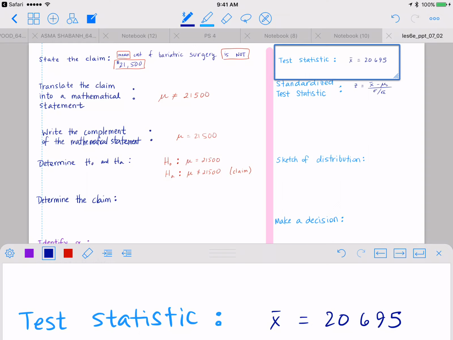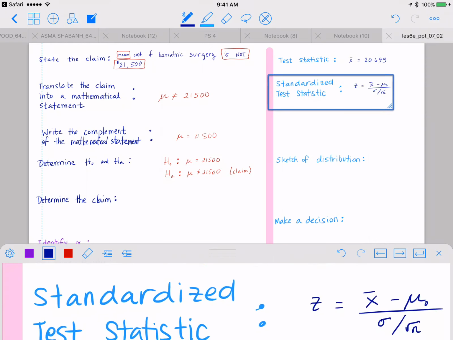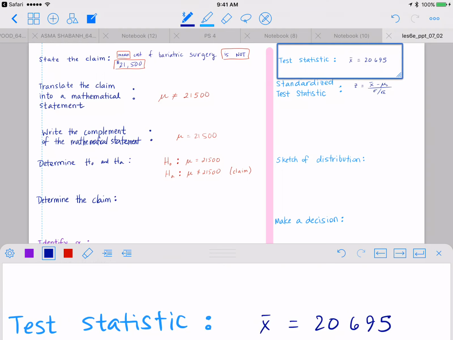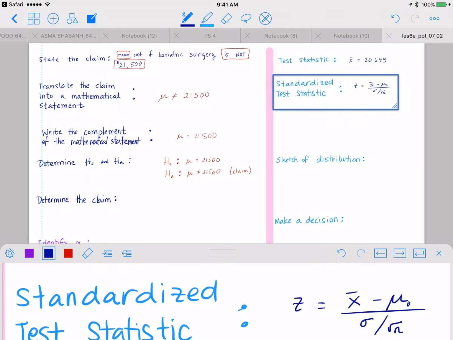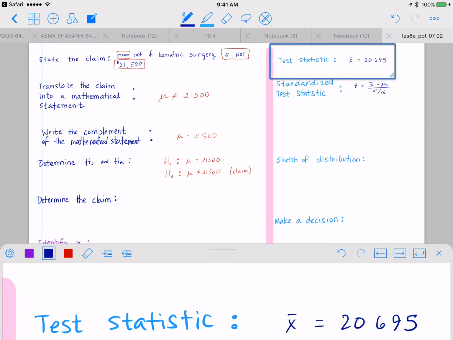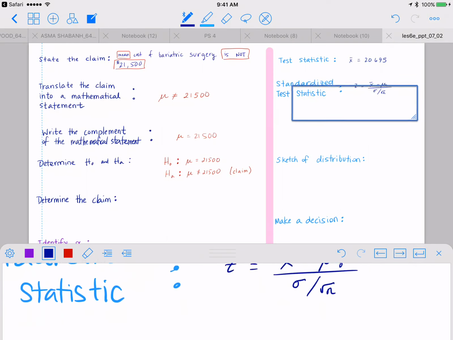The test statistic is on your normal distribution, and we know that our sampling distribution is normal due to the central limit theorem. The standardized test statistic is the z-score of this test statistic. The standardized test statistic shows up with the same cumulative area on the standard normal distribution as the test statistic does on the sampling distribution.